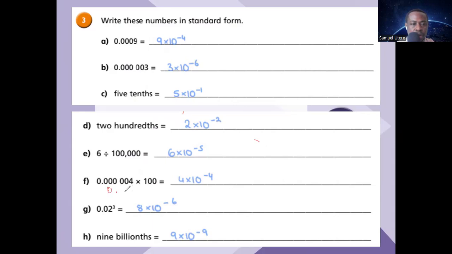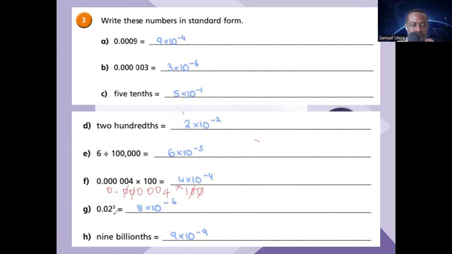So 0.000004 times 100 will improve the place value of this number. So that will go away. So we now have this. Now take note, we have 3 zeros before the 4. So we're going to have power negative 4. Remember that pattern I showed you.